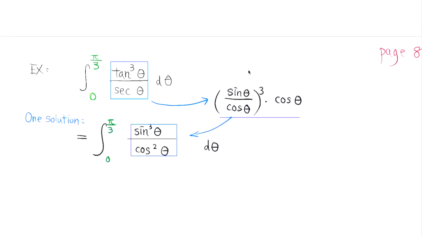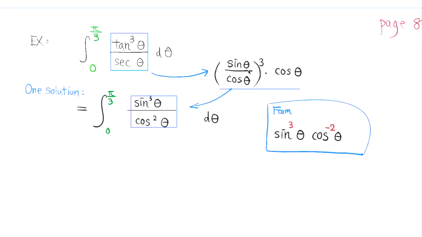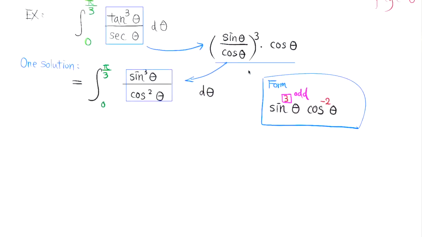Now this one over here, we'll consider as sine to the third power of theta times cosine to the negative second power of theta. In this form, the exponent on sine is odd, so we put that into this category. Remember for this, we use the save method.